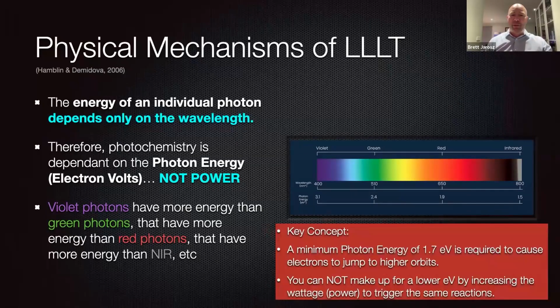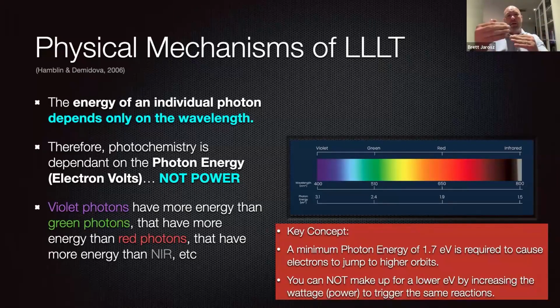The key concept: a minimum photon energy of 1.7 electron volts is required to cause electrons to jump to higher orbits. If you go back to your chemistry or physics and remember the periodic table, the atom with the circles and the rings around it, and we had the 2, and then the 4, and then whatever.